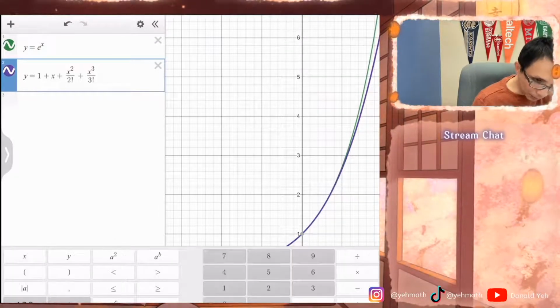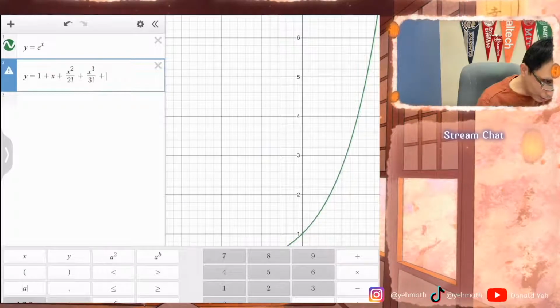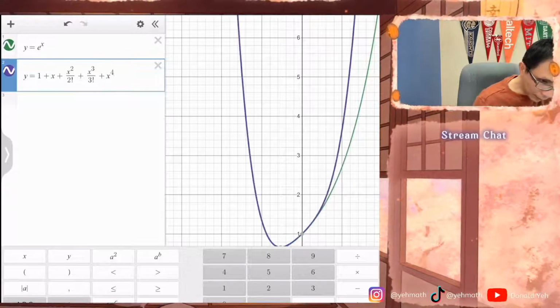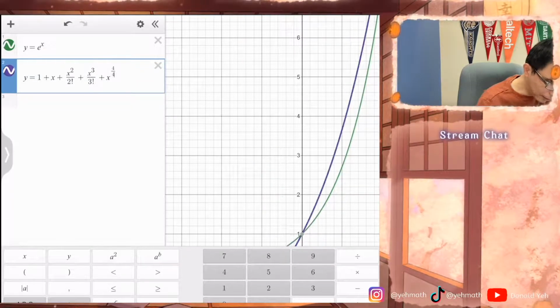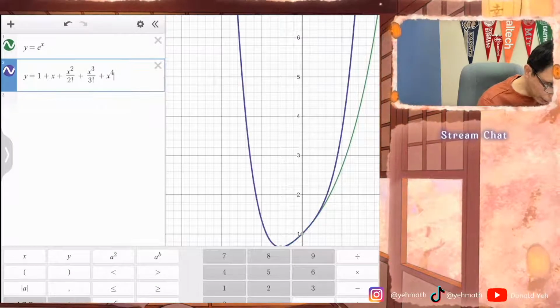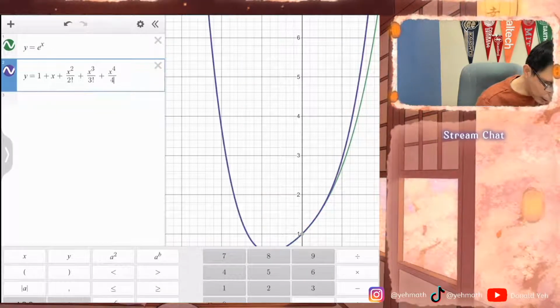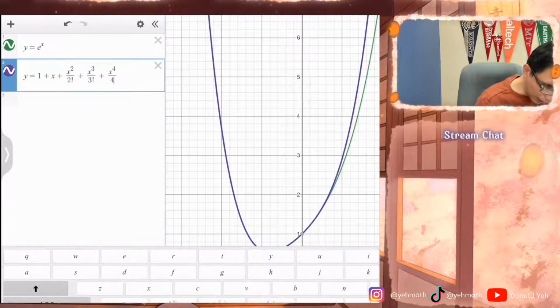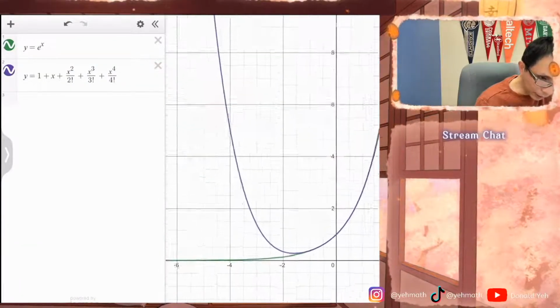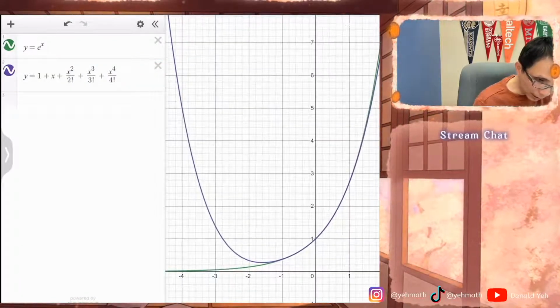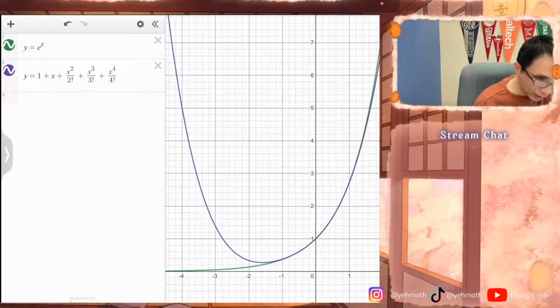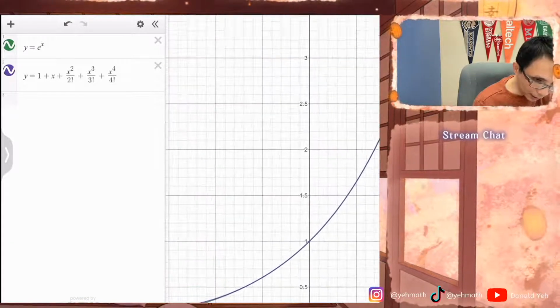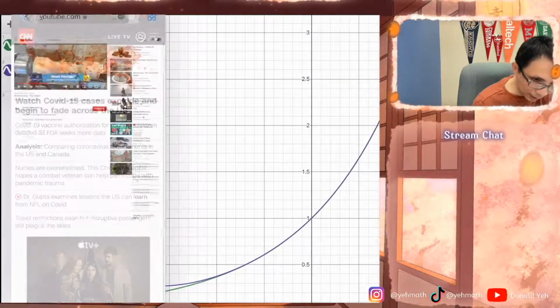So that's going to be plus x to the 4th divided by 4 factorial. Eventually it's going to look almost identical if I go far enough. Now between -1 and 1, it's already almost identical. You can barely see the difference.